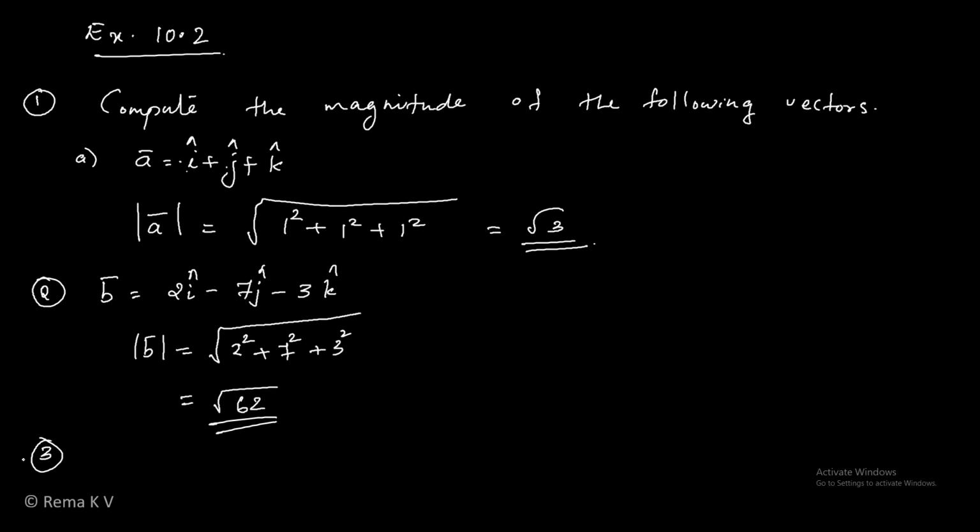Now one more question. Vector C is equal to 1 by root 3 i plus 1 by root 3 j minus 1 by root 3 k.